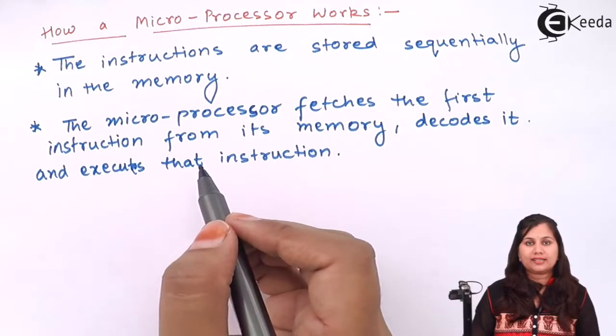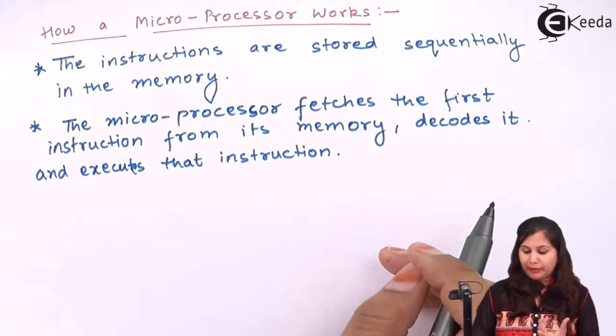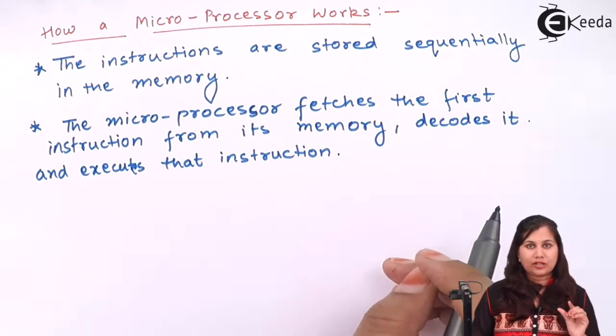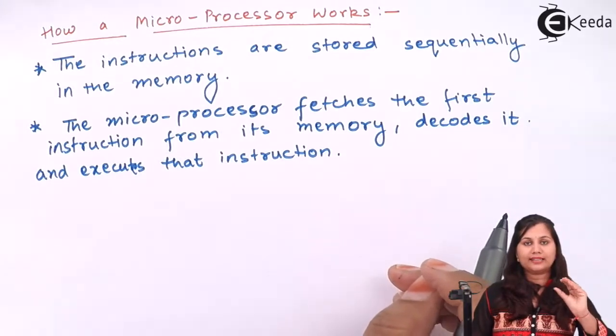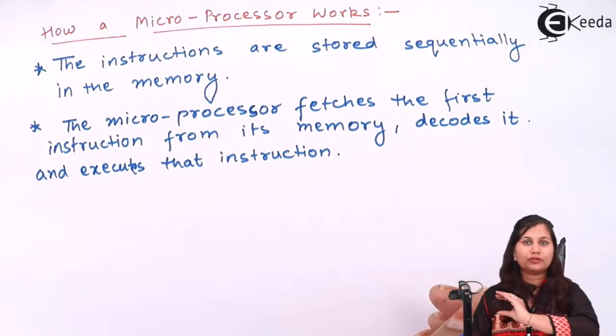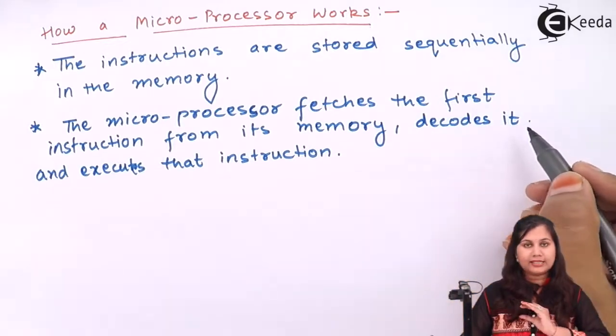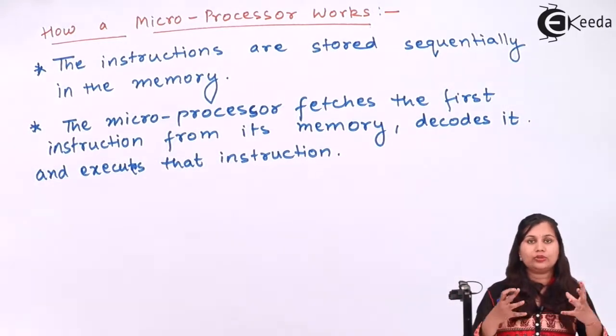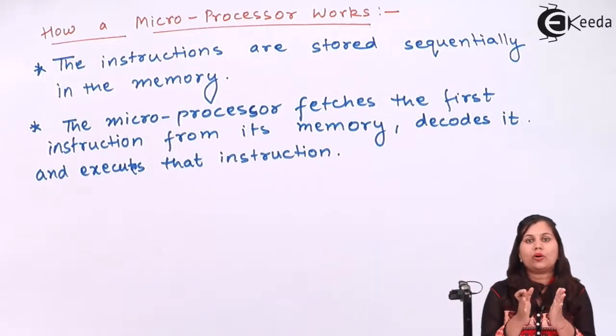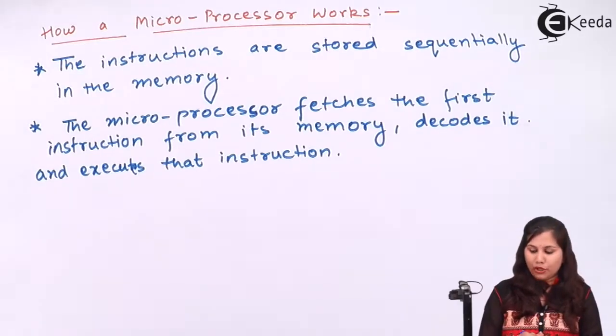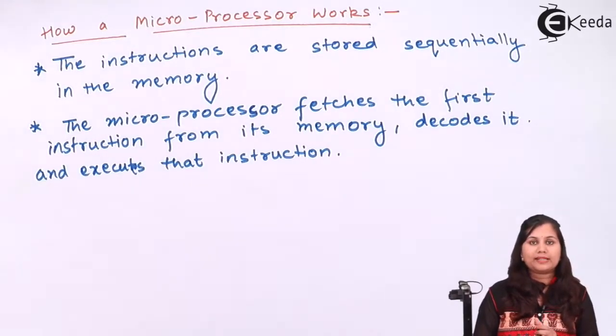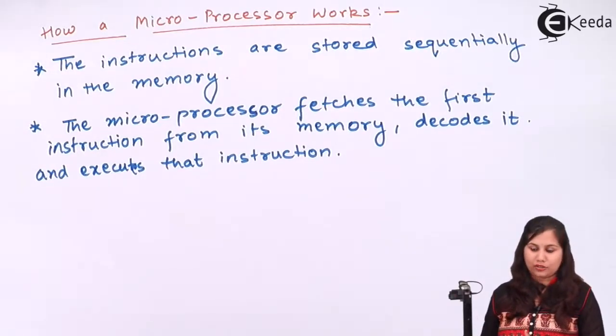Suppose addition is given to it. The microprocessor will read the instruction. If that instruction says it has to perform the addition of two numbers, then it decodes it and then executes the addition operation on those two numbers. So this is how the microprocessor executes each of the instructions.